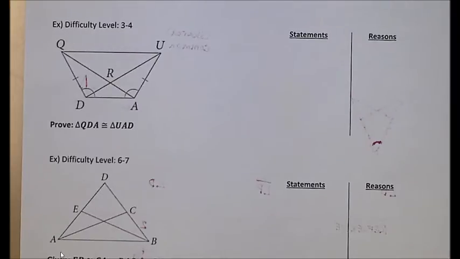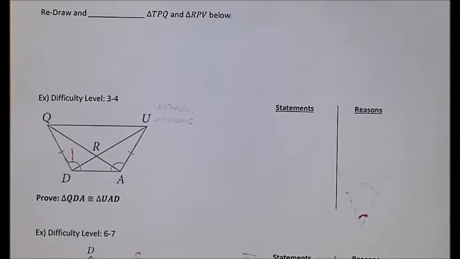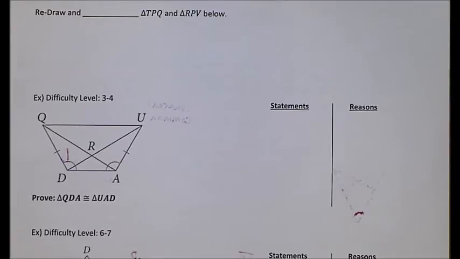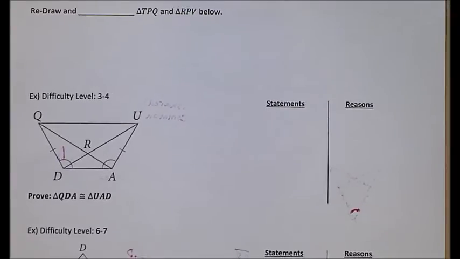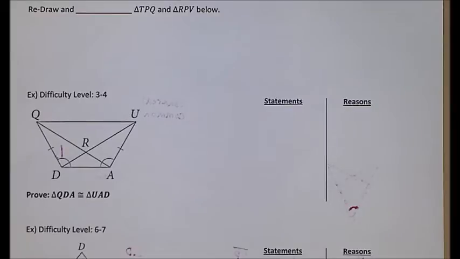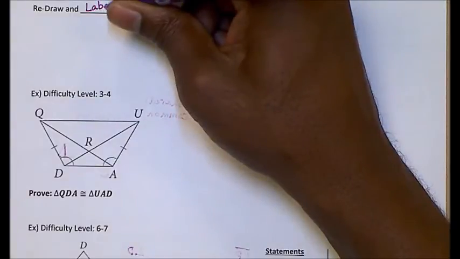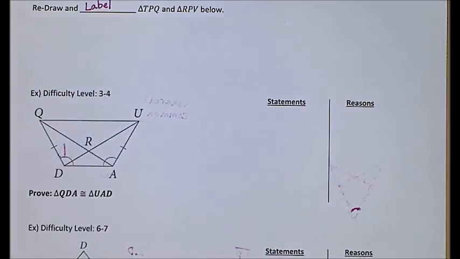So when we see overlapping triangles, we might put ourselves at an advantage by redrawing and labeling our new triangles. Not just redrawing them, but labeling them, so that when we refer to congruent spots, we can mark them accurately.